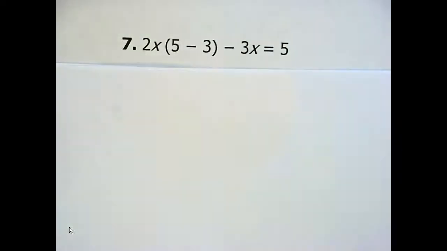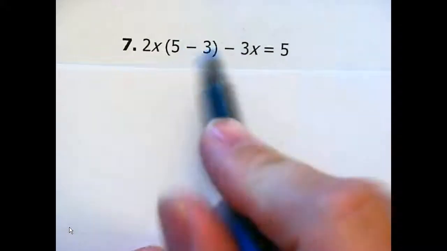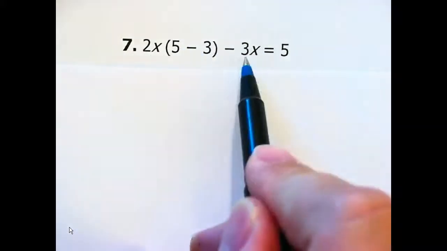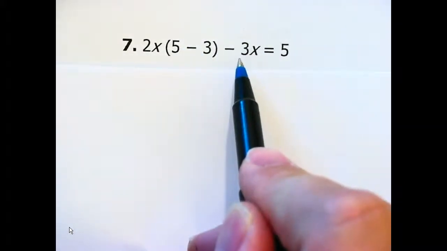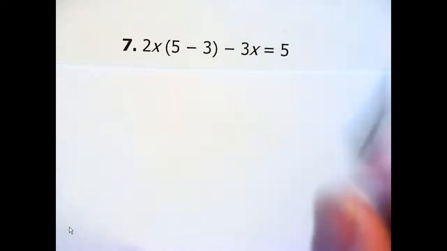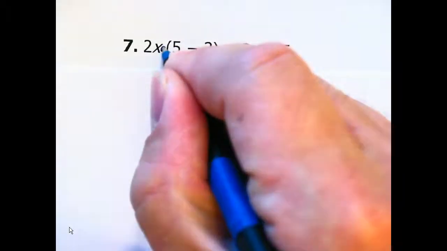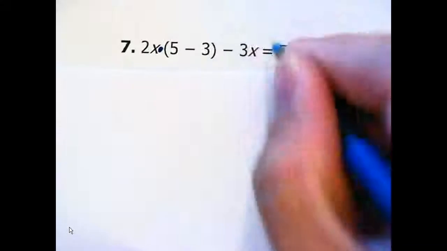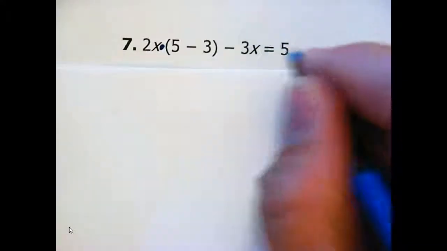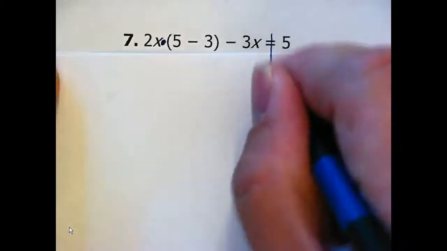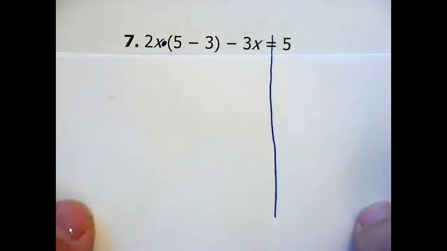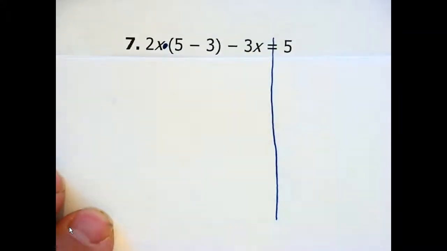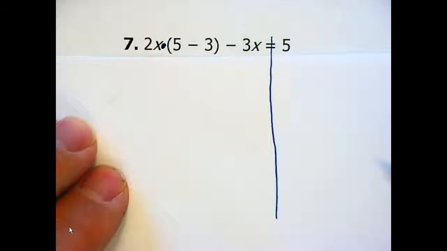I will tell you, when we're saying combine like terms, are we saying the 2x and the 3x? Yeah, you have to get rid of those parentheses first because 2x times this. So we got to get rid of those parentheses. Now the question is, how do I actually get rid of those parentheses? Yeah, distributive property.